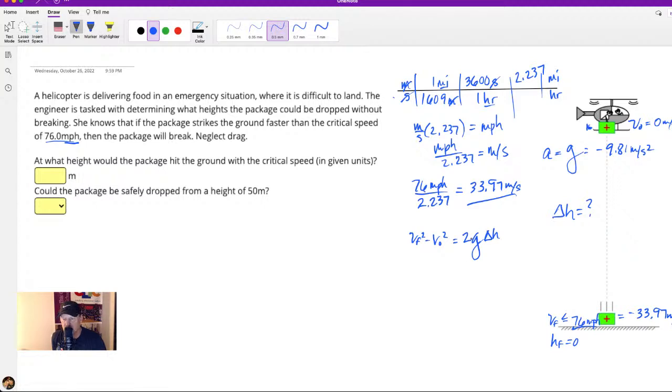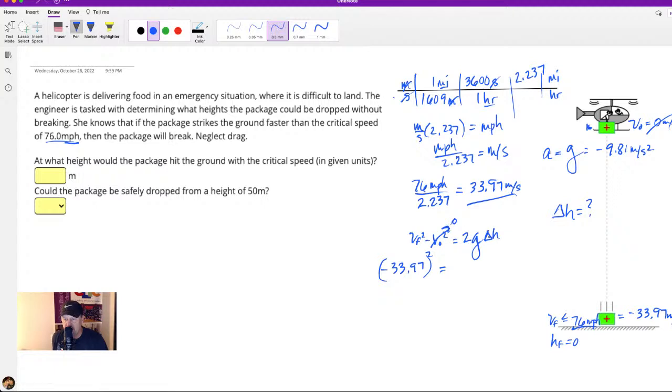So these two negatives are multiplied, so the negative sign goes away. So now V final is negative 33.97, squared, and that negative goes away, minus V initial. What is V initial again? Oh yeah, it's 0, so that goes away.